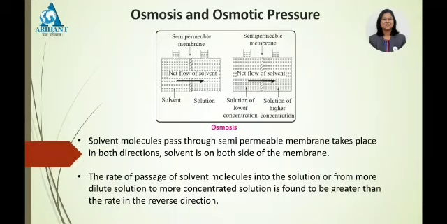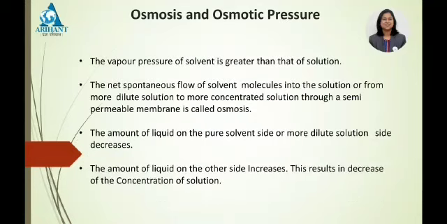The rate of passage of solvent molecules into the solution, or from more dilute solution to more concentrated solution, is found to be greater than the rate in the reverse direction. The vapor pressure of solvent is greater than that of solution.